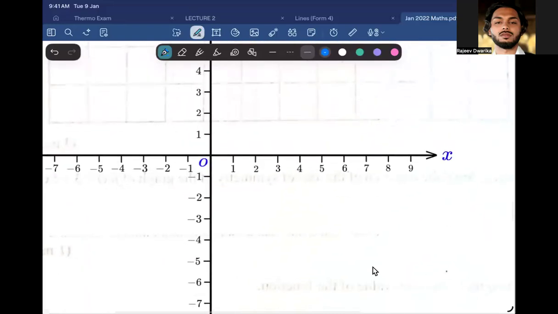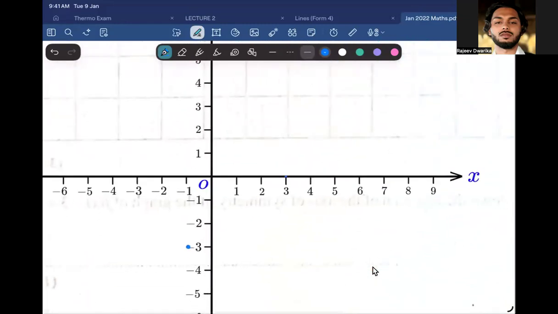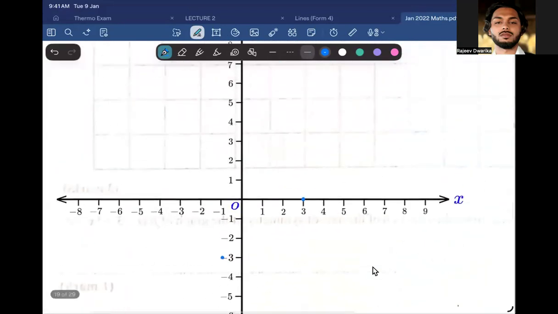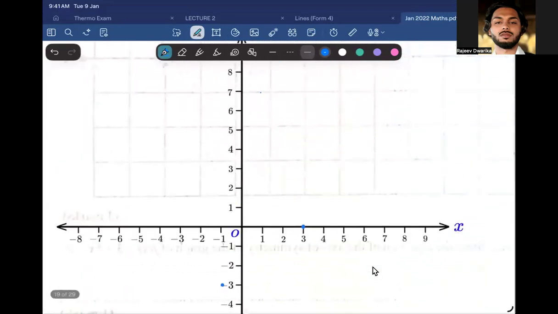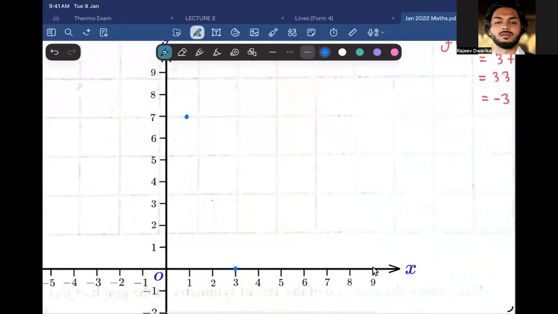So (-1, -3) will be like over here. Right? And we have (0, 3), which will be over here. And then we have (1, 7), which will be right here. (2, 9) will be like right here.